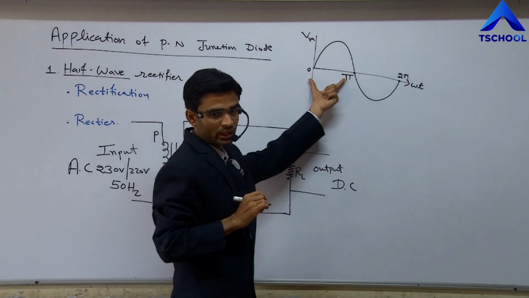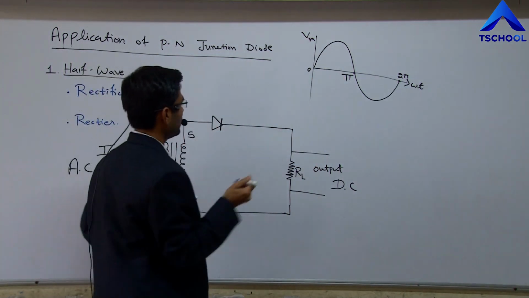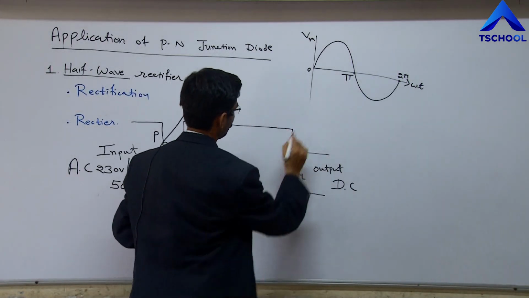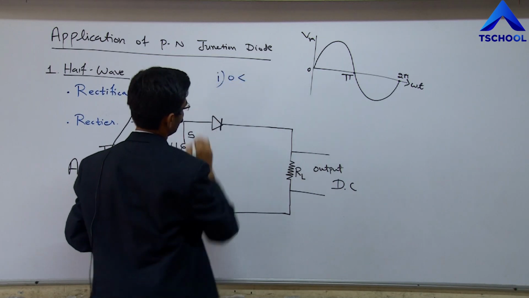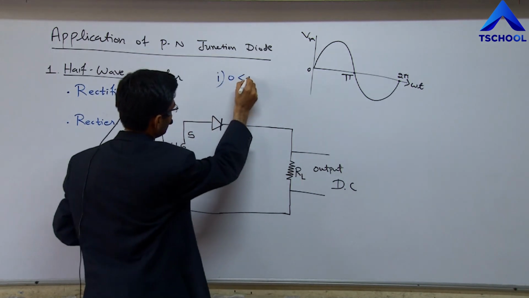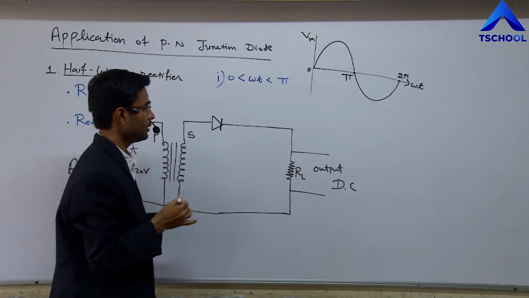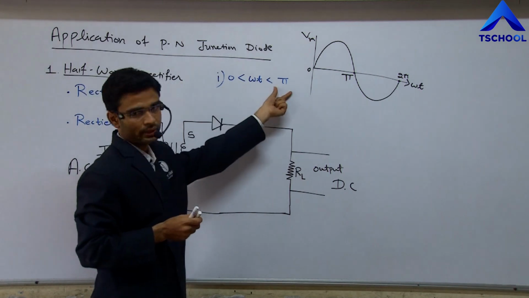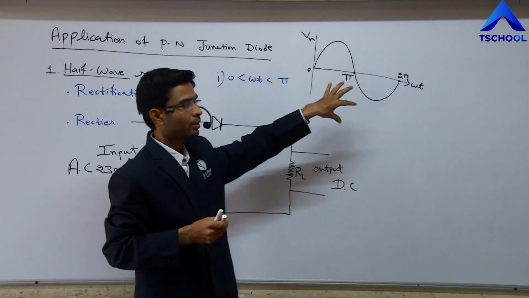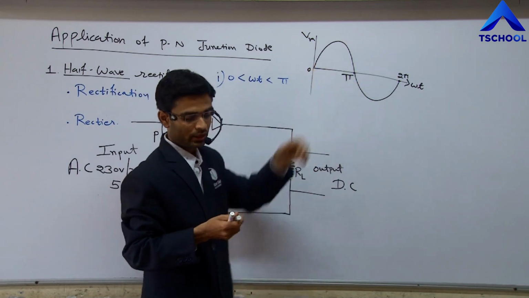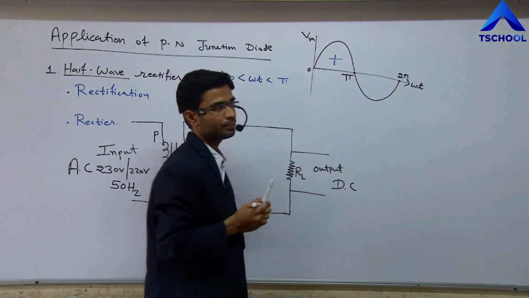During the first half cycle, the angle is between 0 and pi, that is, omega t less than pi. When the angle is between 0 to pi, at that time it is the first positive half cycle.